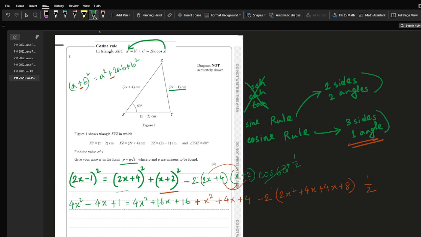Now this 2 and half cancel out, so let's simplify this. 4x squared minus 4x plus 1 is equal to this 4x squared, and we have x squared here, and then minus 2x squared here. So 4 plus 1 is 5, 5 minus 2 is 3x squared, plus 16x here plus 4x, that's 20x, and then minus 8x, so that's 12x. 16 plus 4 is 20, minus 8 is 12.